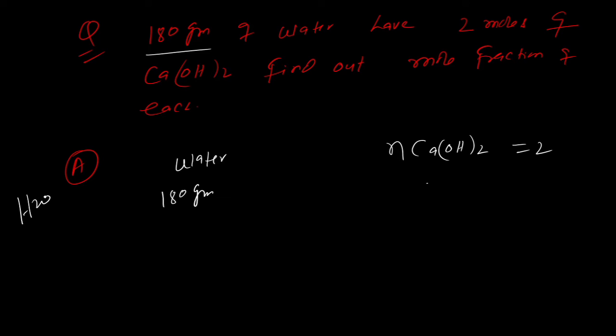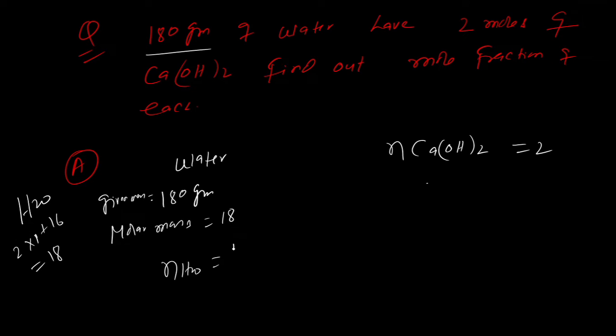So for H2O, find 2 into 1 plus 16, it will be 18. This is the molar mass. So molar mass is equal to 18, and the given mass is equal to 180. Then find the number of moles of water. It will come 180 divided by 18, so it will be 10.